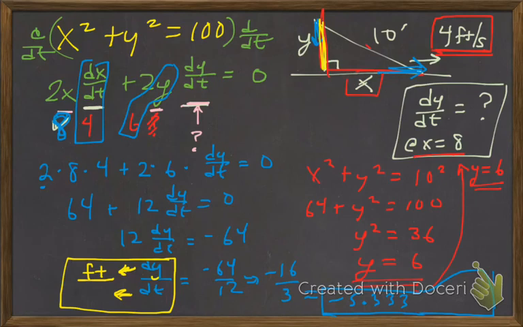And you don't measure time in feet or inches or anything else. You measure time in this problem in seconds. So the derivative that you find, the d whatever dt, is always going to tell you what the unit is. So dy dt, y is measured in feet, that's on top, dt is on bottom, t is measured in seconds, so negative 5.33 feet per second.